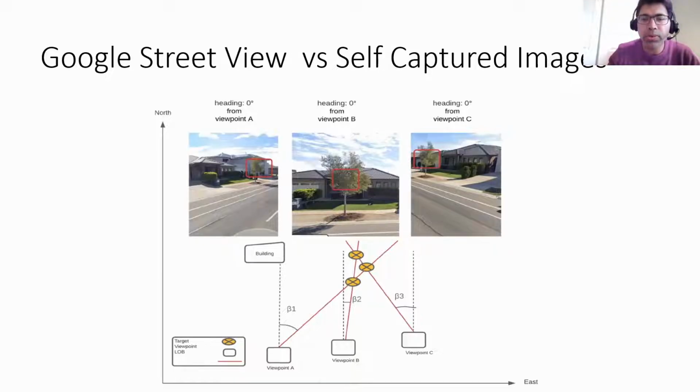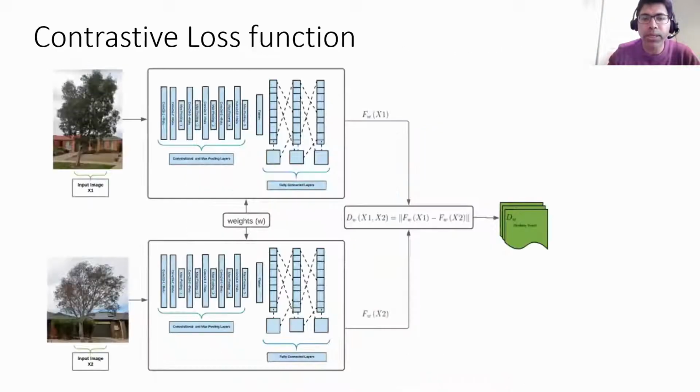Once we are able to identify and align them properly, we make sure they are the same tree with the same features, which is based on a contrastive loss function. We use a Siamese network to find out how similar these trees look.